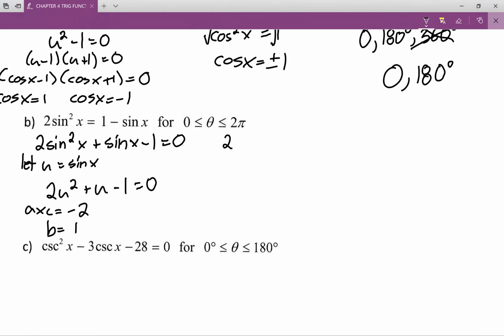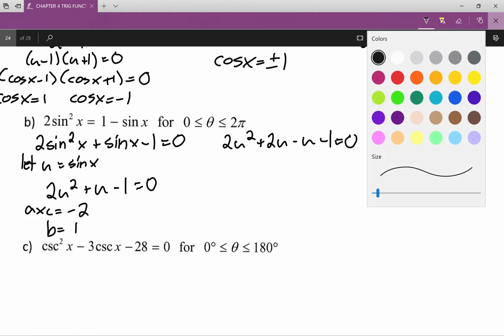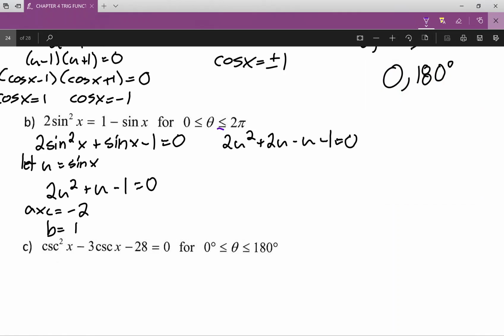So I get 2u squared plus 2u minus u minus 1 equals 0. I put brackets around the first two and brackets around the second two.